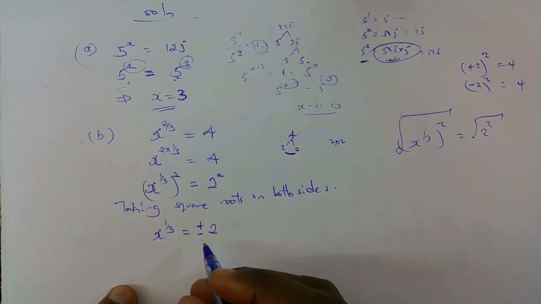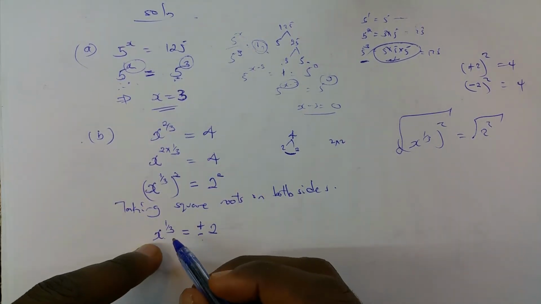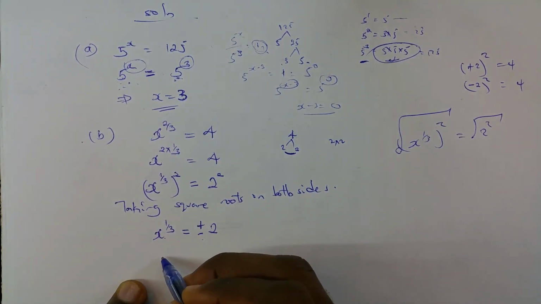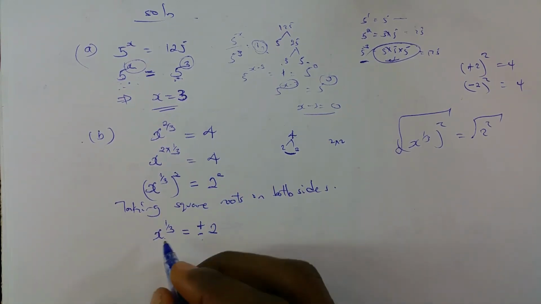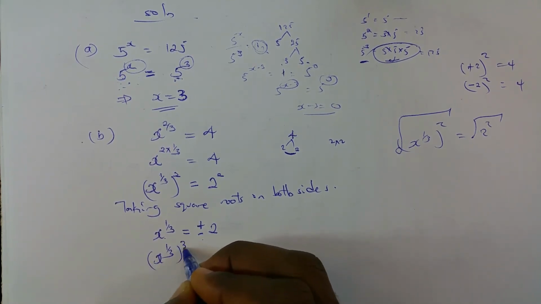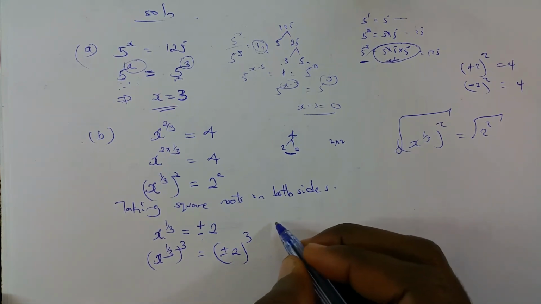So for the first case, if we take a cube root to remove this one, imagine now we raise both sides to power 3. We need to have x to the power one third, then to power 3, equals plus or minus 2 to power 3. So how would we find our x?